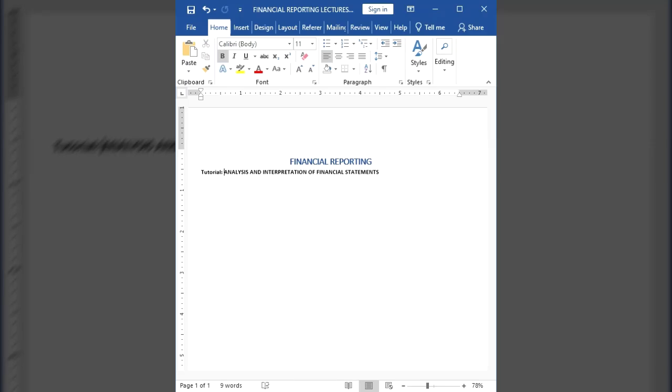First and foremost, the financial ratios will mean that we have to compare the financial statements of a reporting entity over a period of time. And what this implies is that we are going to be comparing the financial statements of the reporting entity, let's say for 2020 and 2021, or for 2021 and 2022 financial year.